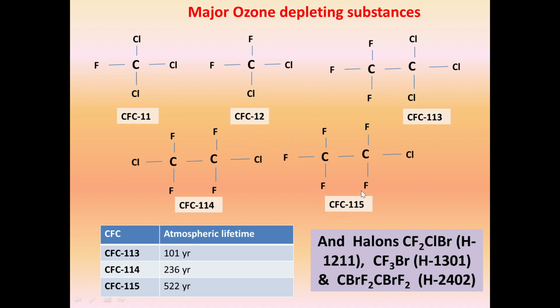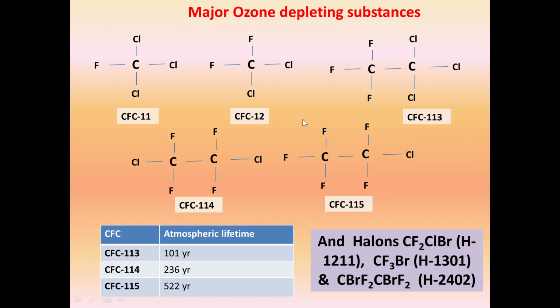When we talk about CFC115, only one chlorine is present and 5 fluorine. This is the basic formula that you can easily remember. Here is the CFC and its atmospheric lifetime.